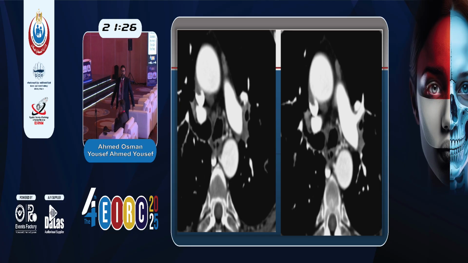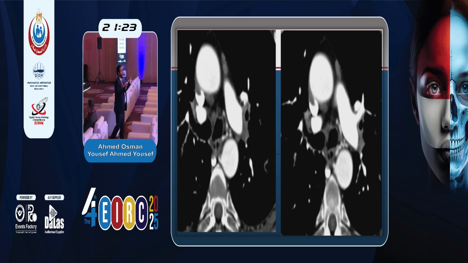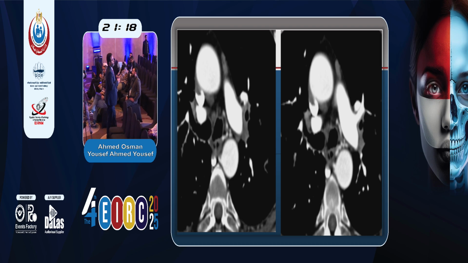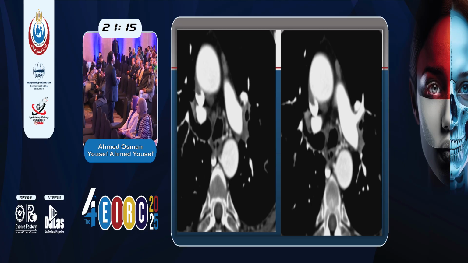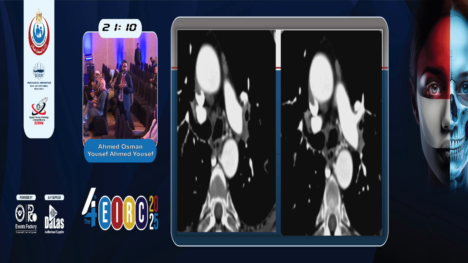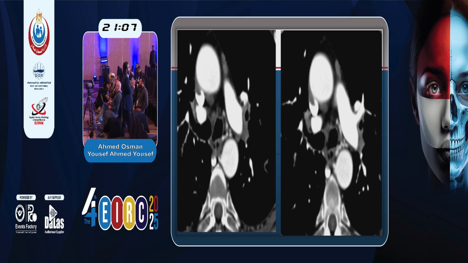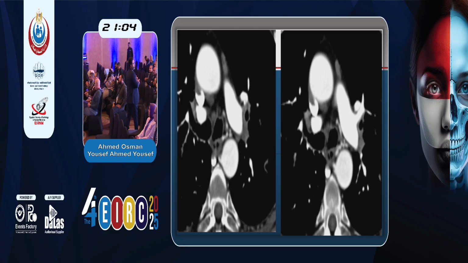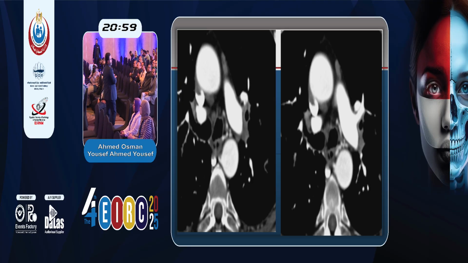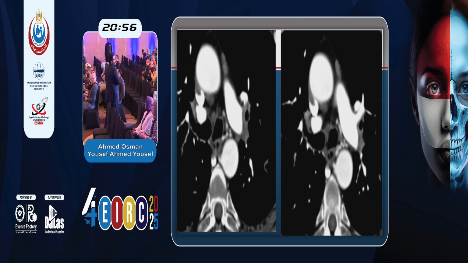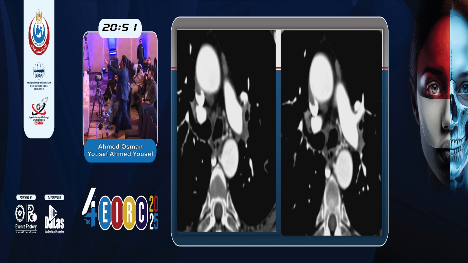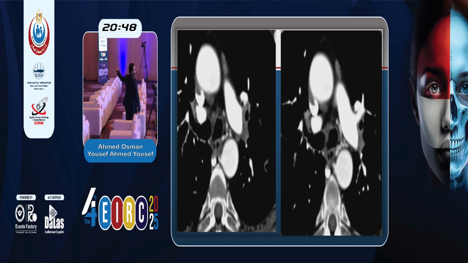And this is the mediastinal window, which is very important to unify the protocol for the patient with hemoptysis. We must not only depend on the non-contrast CT chest, but we must also add a CT pulmonary angio, because pulmonary embolism is one of the causes of hemoptysis, and we must do what's called bronchial angiography, to opacify the aorta and to detect the bronchial collaterals, which are the cause of hemoptysis.